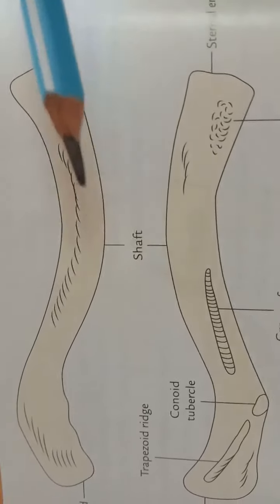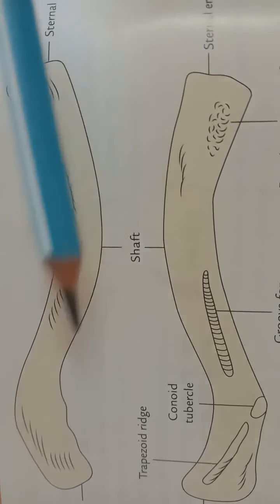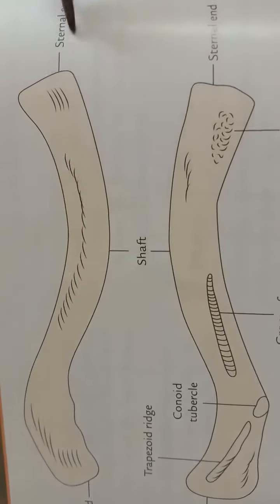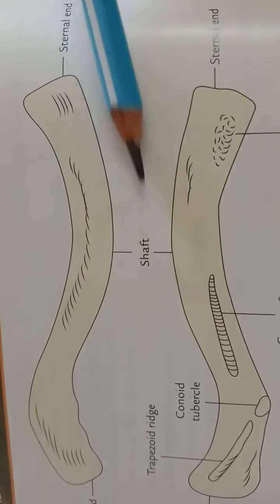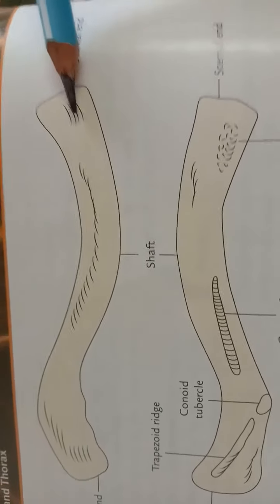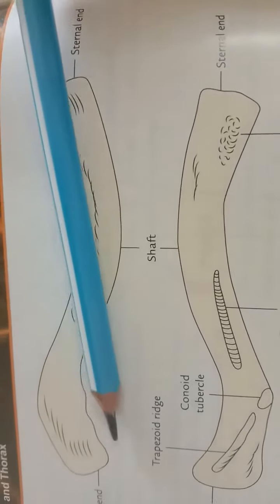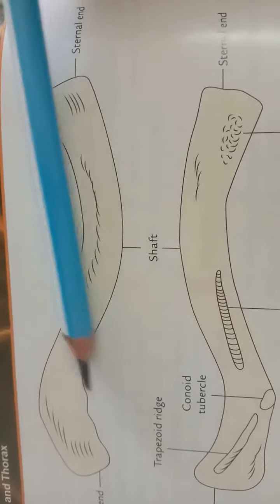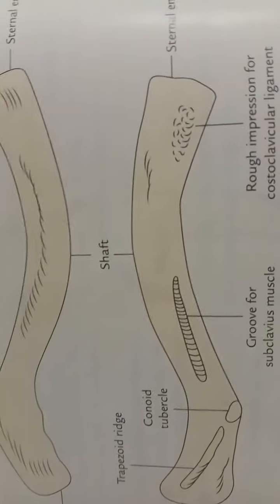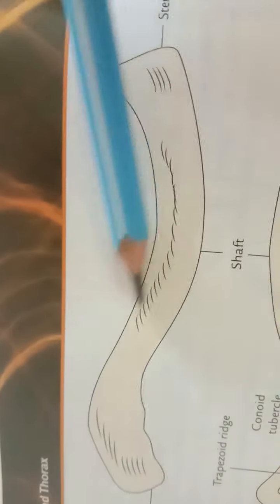It is divided into two parts, the lateral one-third part from here to here, and the medial two-thirds part. The medial two-thirds of the shaft is convex forwards, and the lateral one-third part is concave forwards.